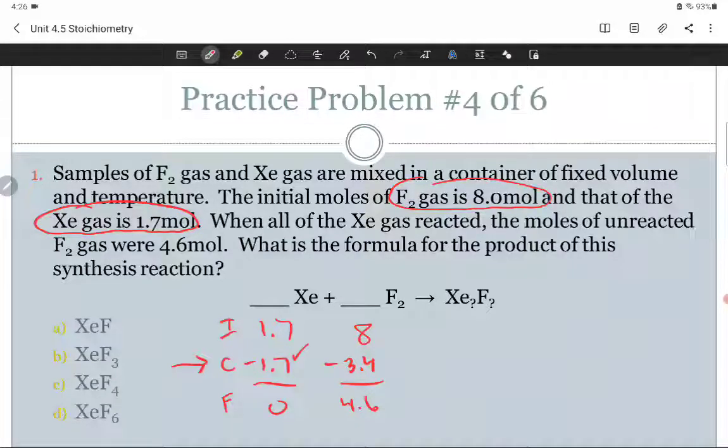A 1.7 to 3.4 is the same thing as a 1 to 2 ratio. And I think now we actually have our answer. 1 times 1 Xe is 1 Xe. 2 times 2 is 4. So there's our answer.